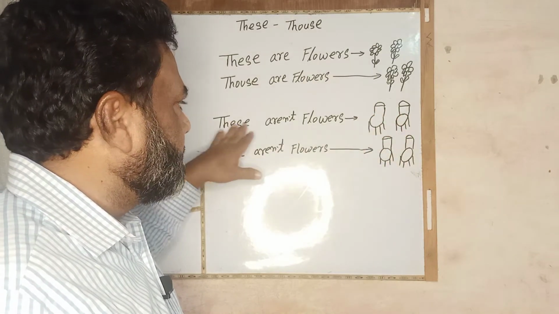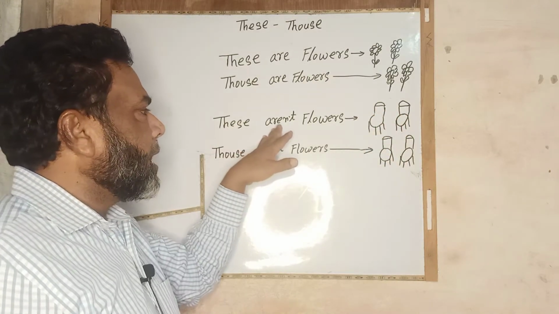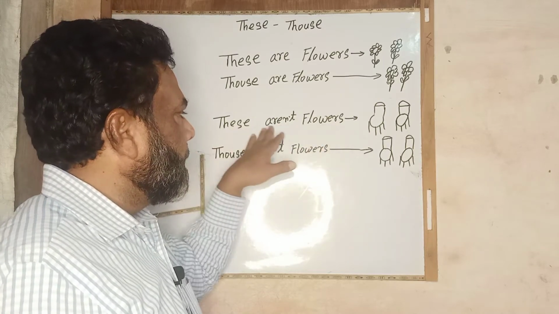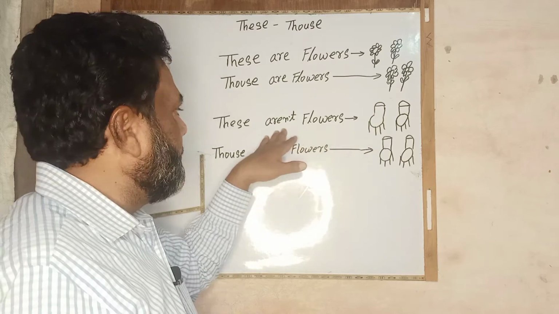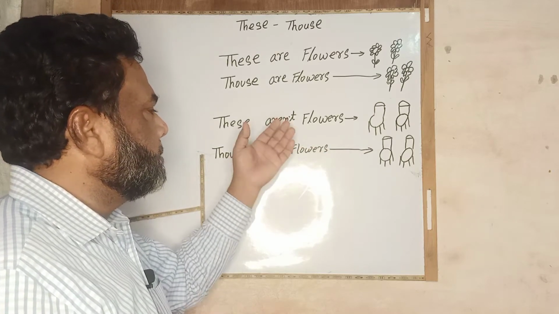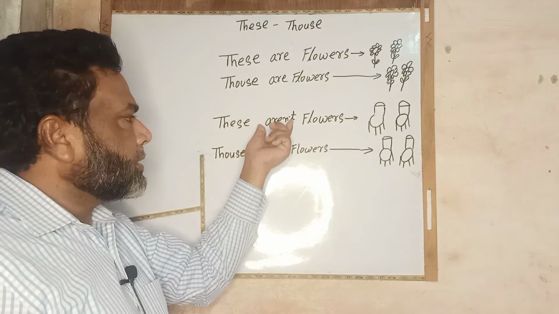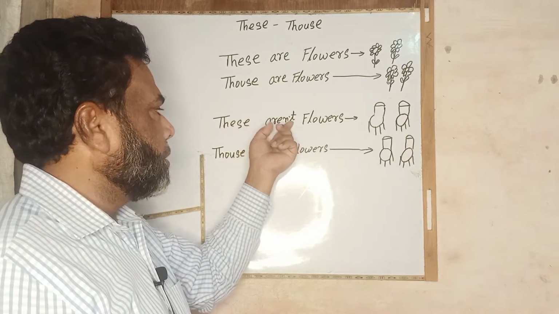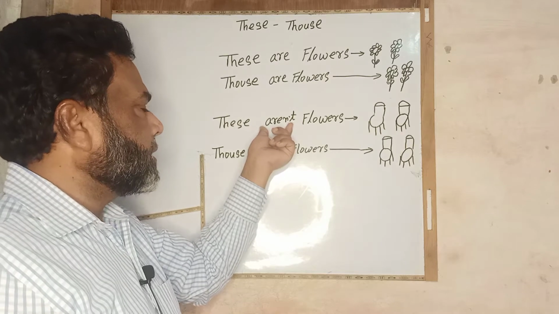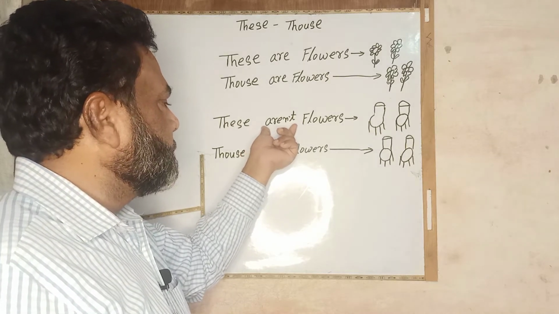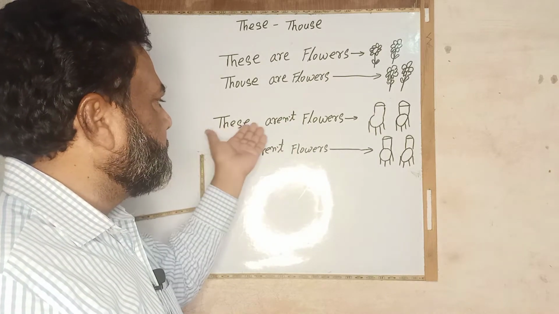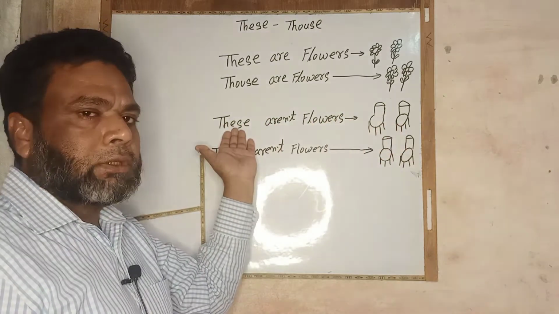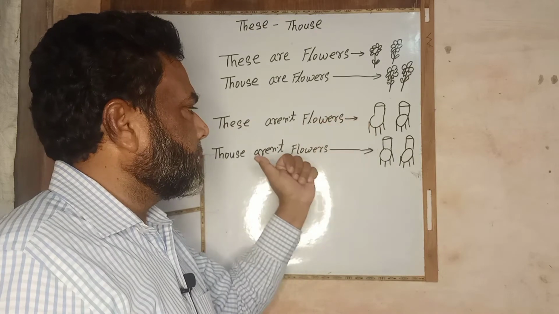So we can say these aren't flowers. Also here aren't is a contraction word, are not. So we use those aren't flowers.